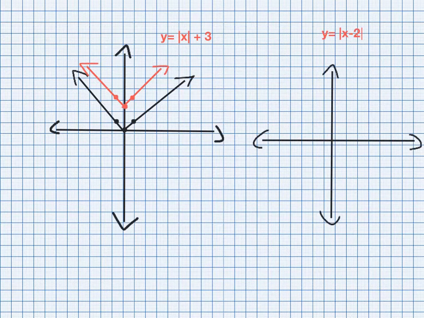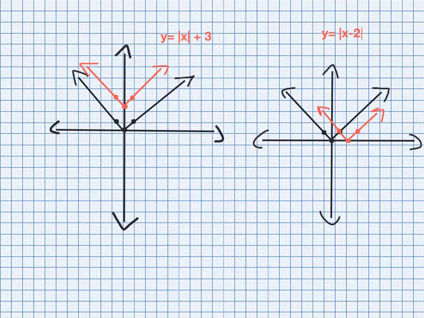Now I'm going to show the graph of the absolute value function when it is shifted horizontally. This one is y equals the absolute value of x minus 2. But first I'm going to graph the parent function in black again so you can see. Now this graph is in red. It's showing how it shifted 2 units to the right.